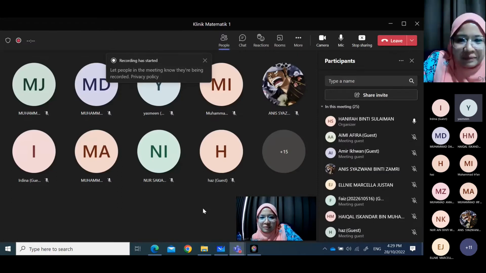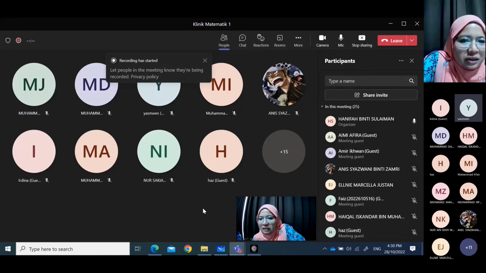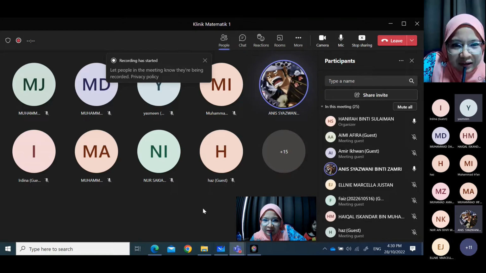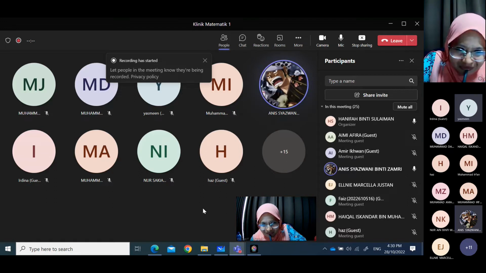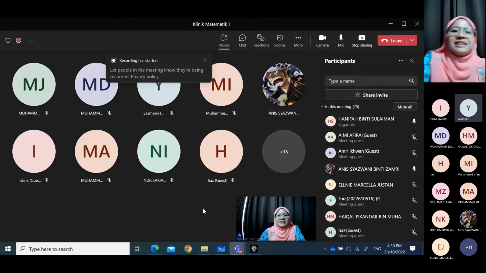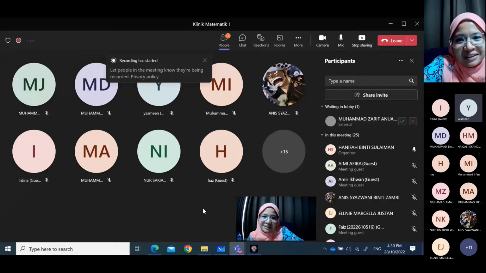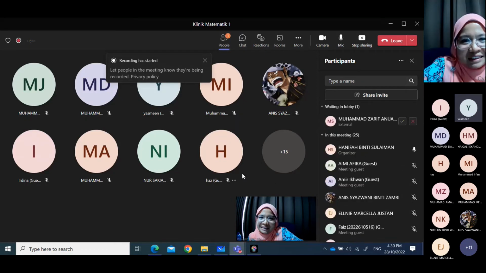Boleh sesiapa tolong saya jawab? Anis, kalau kedua-duanya odd, so yang mana kita nak faktorkan? Faktorkan dua-dua. Are you sure? Sure. Aimi? Haikal? Faktorkan dua-dua. Kalau saya panggil jangan left.